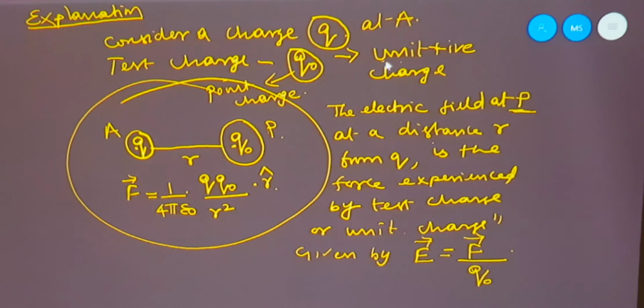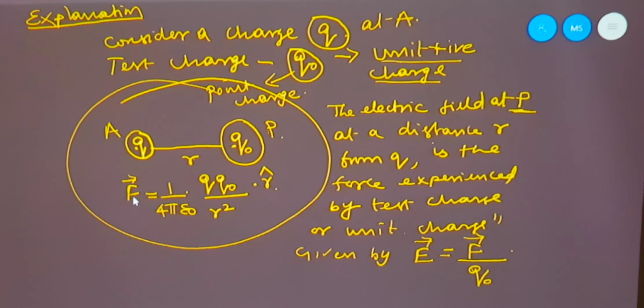When this test charge or unit positive charge is placed at a distance R, the two charges interact with each other. Then we can say that F vector is equal to 1 divided by 4 pi epsilon 0 into Q Q0 by R square into R cap.